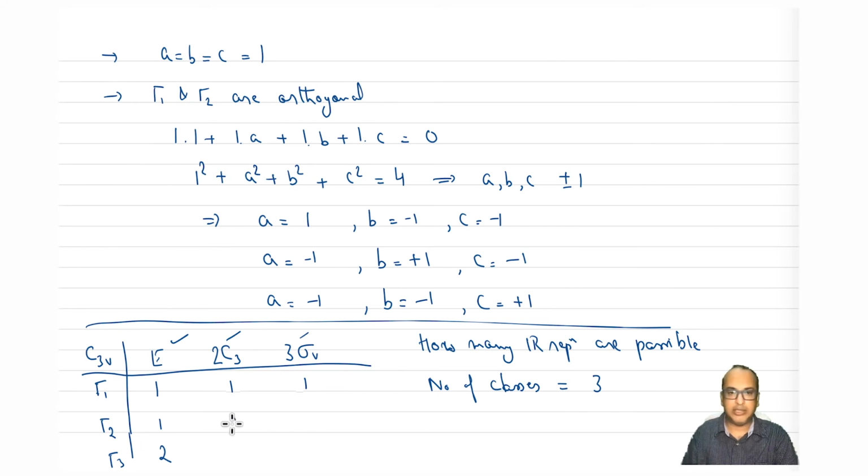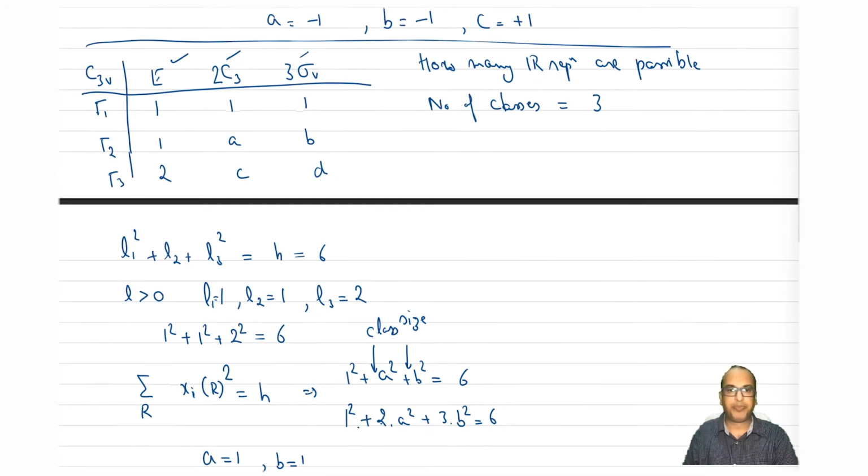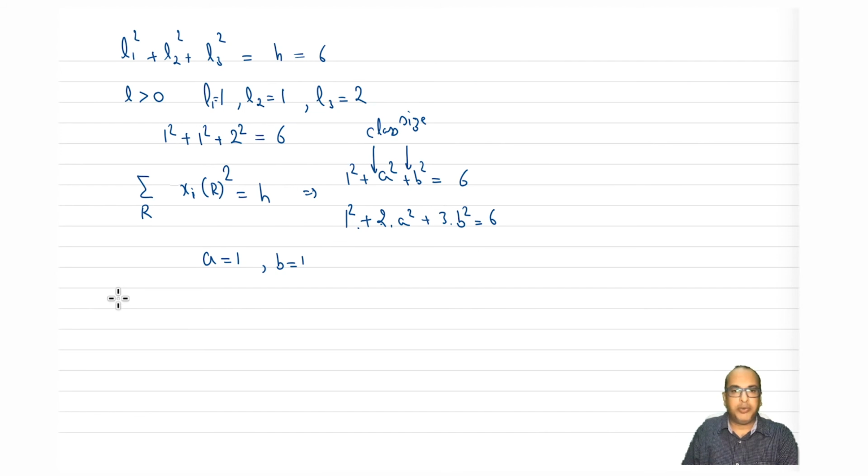Okay, so that is easy. Now let us write down A, B and C, D again, and apply the same conditions again. So 1 square plus 2A square, again multiplying with the class size, plus 3B square is equal to 6, and the second equation is 1 dot 1 plus 2 into 1 dot A plus 3 into 1 dot B is equal to 0.